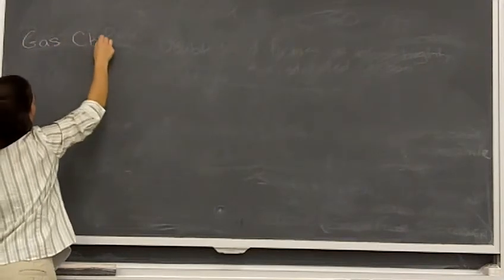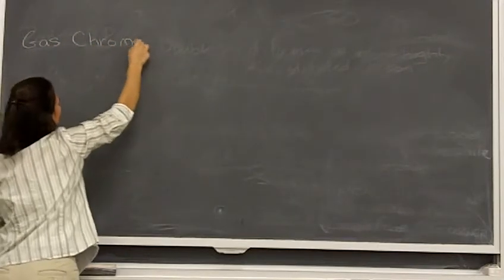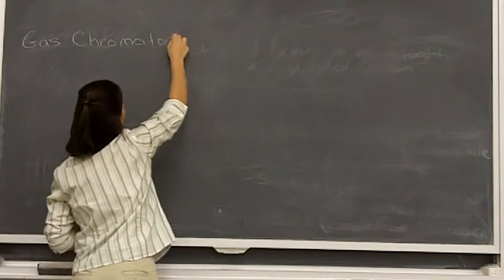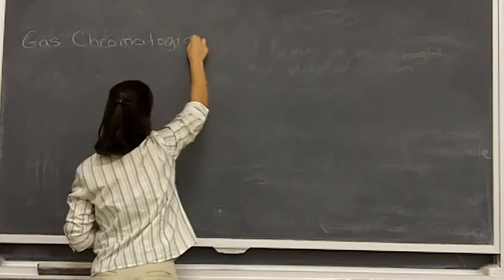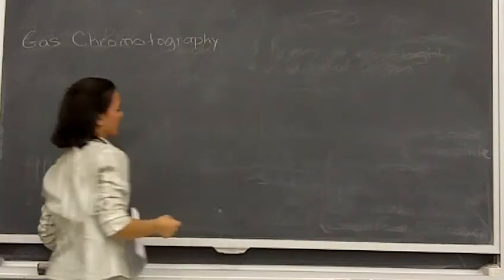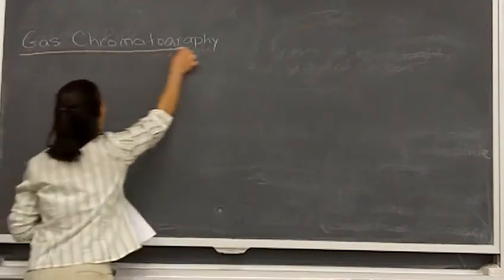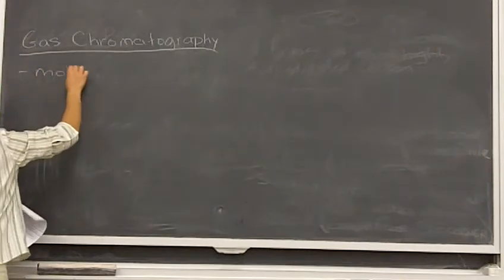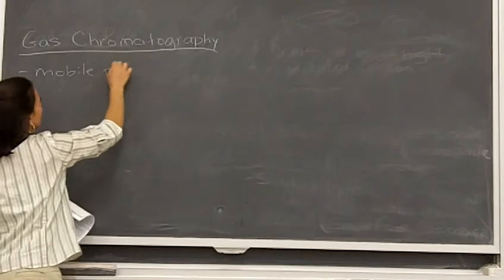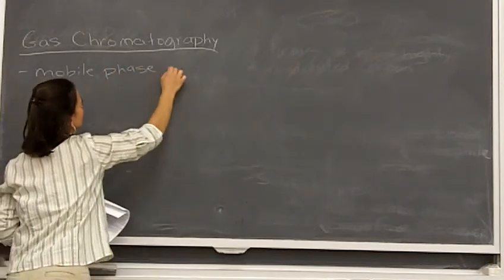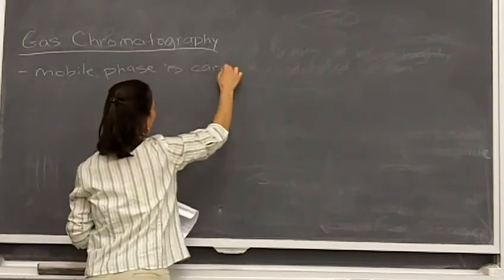So we've already talked about one type of chromatography, that was gel permeation chromatography. Now we're talking about gas chromatography. So that has to do with what the mobile phase is. So our mobile phase is a carrier gas.